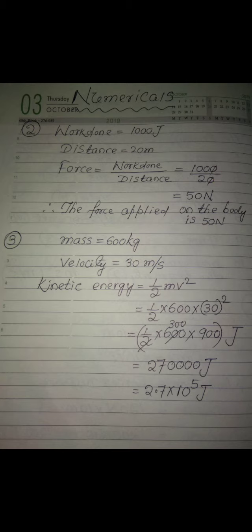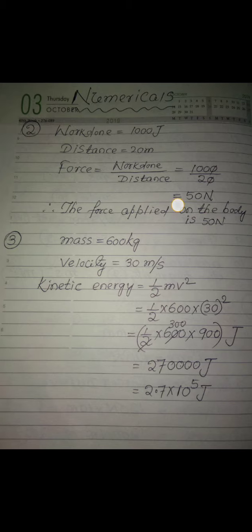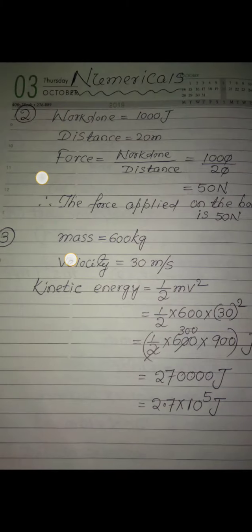Force equals work done by distance. Work done is 1000 joule, distance is 20 meter. Zeros cancel, 100 by 2 is 50. So 50 Newton. Therefore the force applied on the body is 50 Newton.